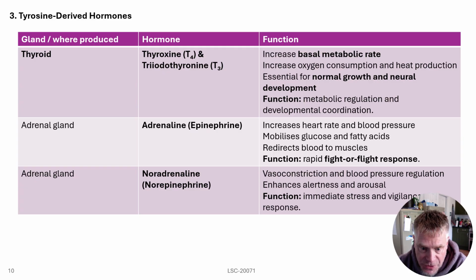So that's part of the stress response, and then also there is noradrenaline, which has roles in vasoconstriction and blood pressure regulation, and it enhances alertness and arousal, has function of immediate stress and vigilance response. So these are ways in which the animals can adapt to dangerous situations, improve their chances of survival by being able to either run faster or fight harder.